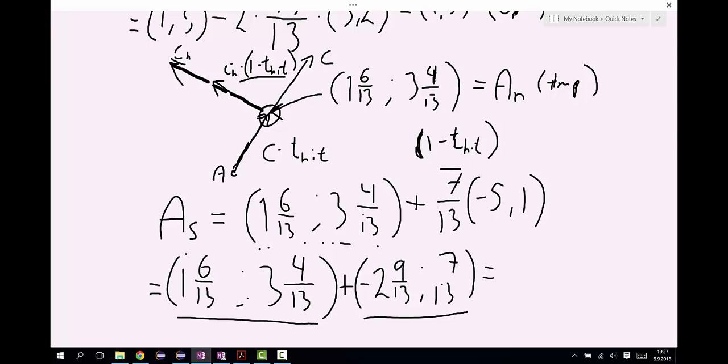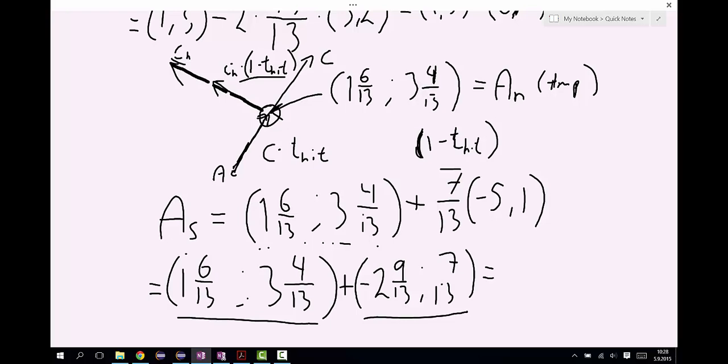This gives us, however, okay, 9/13 subtracted from 6/13. That's okay, so we have 10/13 left. -2.